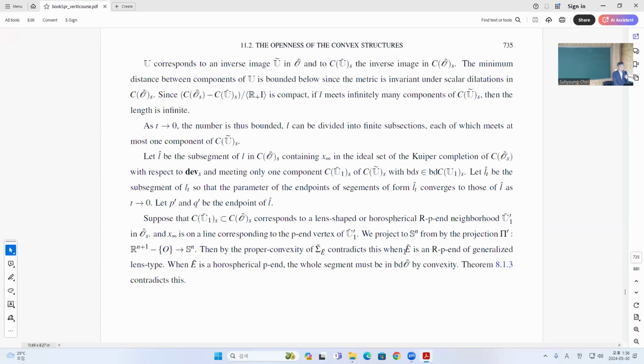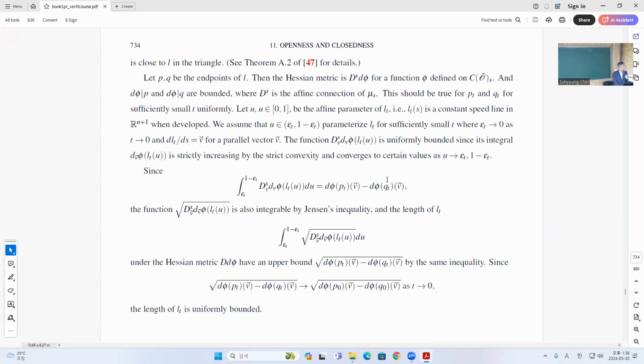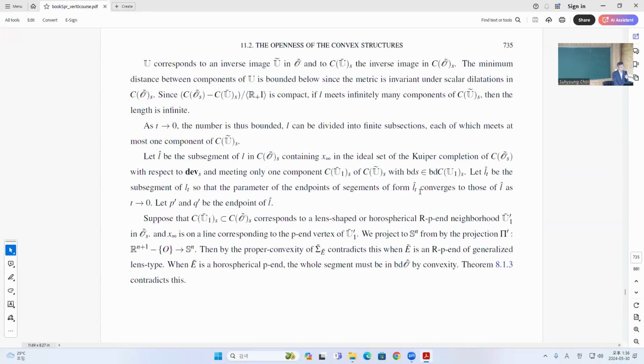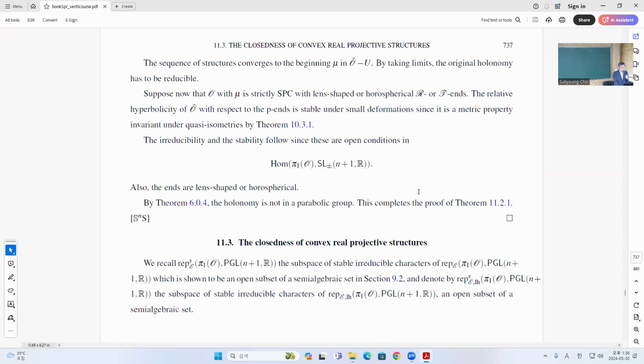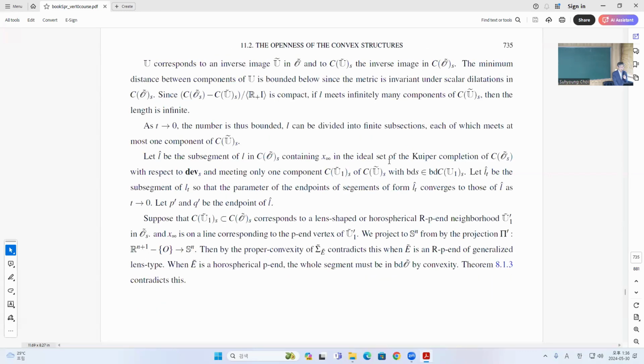Okay, so the triangle cannot exist here. Therefore it is convex, and that's how we prove that the things are open in this domain.